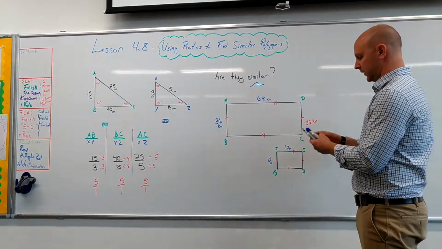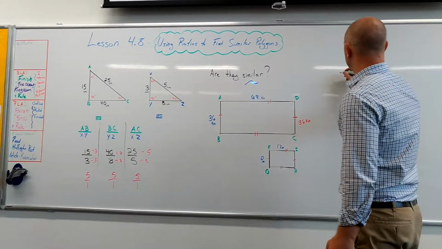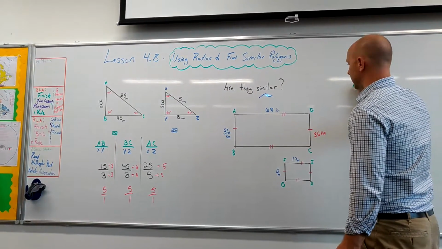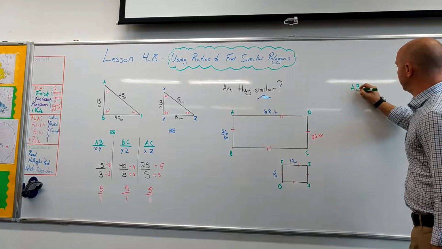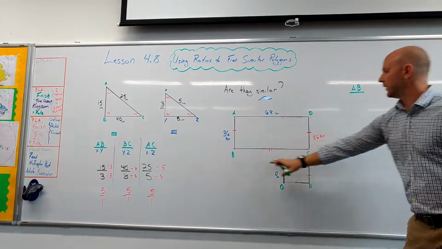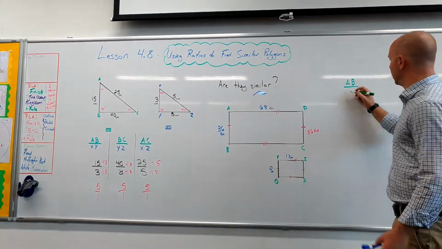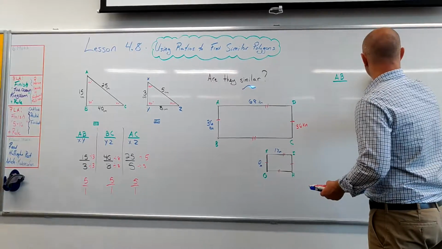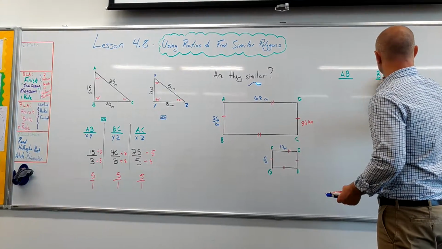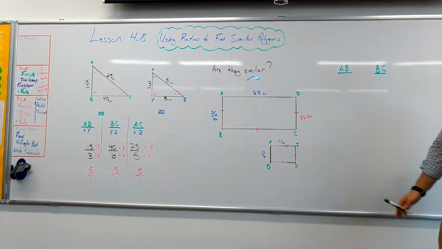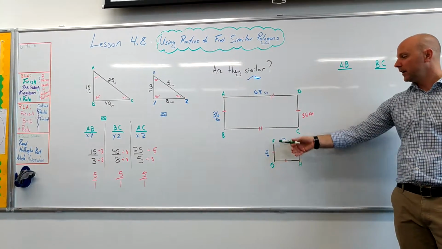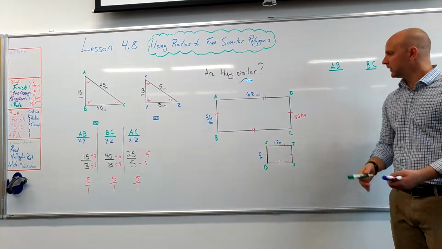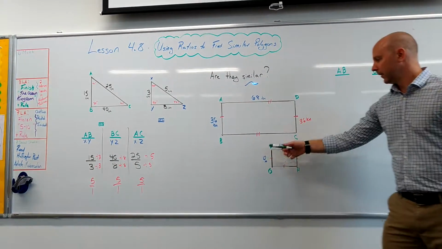Let's demonstrate it instead of just talking about it. Over here, I'm going to put AB, that's that side, and the length over here is going to be BC. I look at my other rectangle, my smaller version, and ask myself, what is the equivalent to AB on this one?